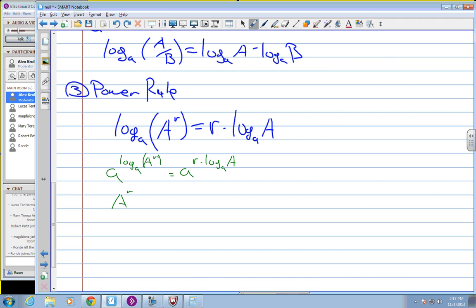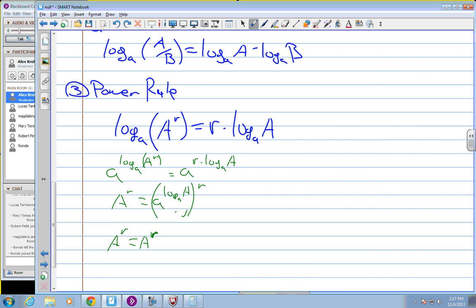That's the left side. While the right side, I can rewrite as log base a of big A raised to the power r, because that's when we multiply exponents, when you raise a power to a power. So the inside is just big A, and the little power stays on the outside, so it's the same. Okay?